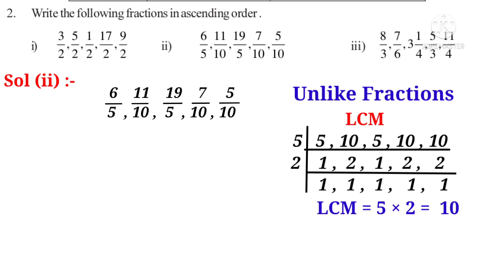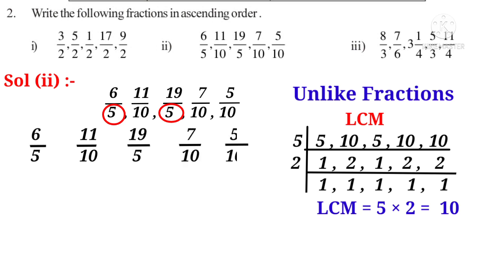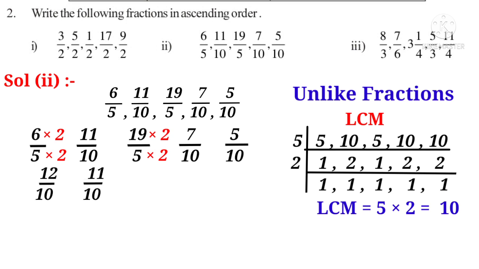Here observe the denominators of the first and third fractions. Their denominators are equal to 5. To make it 10, we have to multiply both numerator and denominator by 2. That is 6 into 2 by 5 into 2, that is 12 by 10. 11 by 10 same. 19 into 2 is 38, 5 into 2 is 10. 7 by 10, 5 by 10 same.